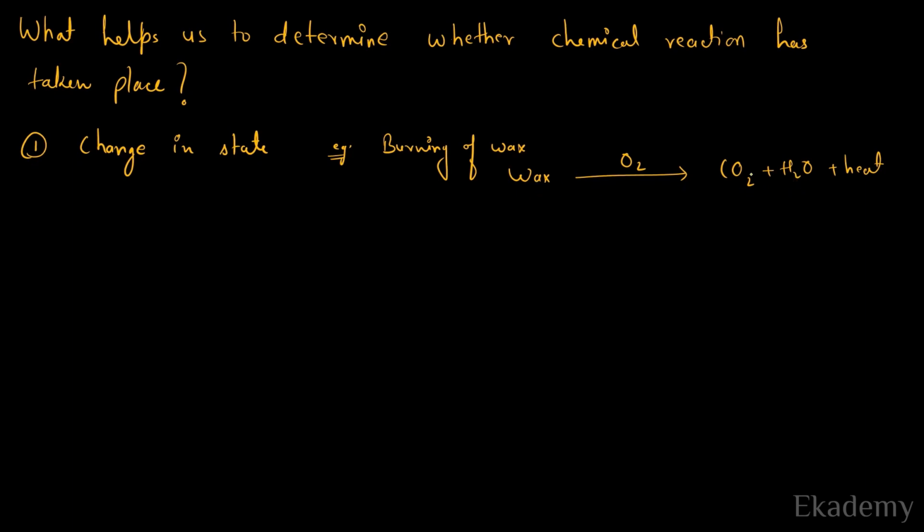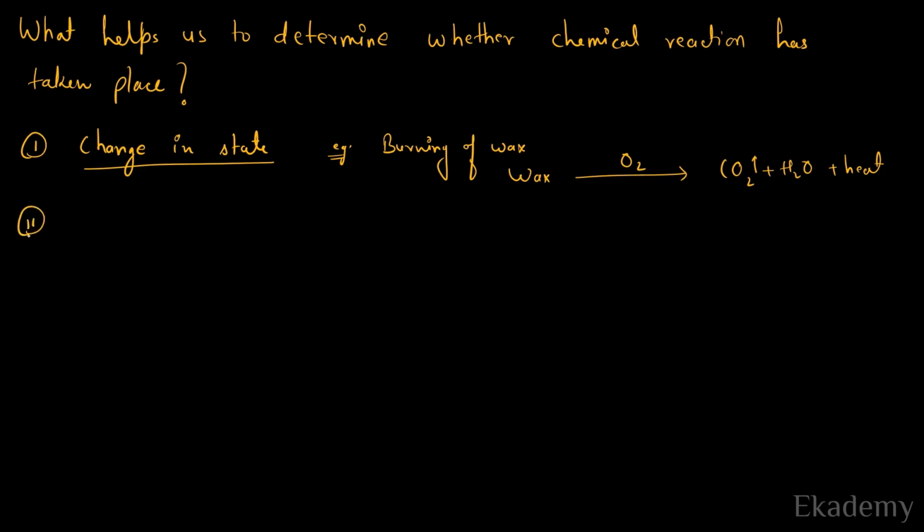So from solid to carbon dioxide, which is a gas, there is a change of state, or we may also say that if wax is liquid, then from liquid to gas. So there is a change in state taking place in this reaction. Whenever there is a change in state, we may say that a chemical reaction has taken place.